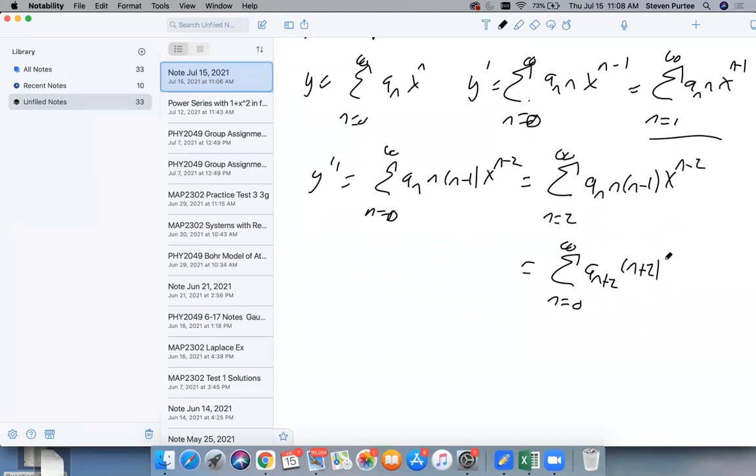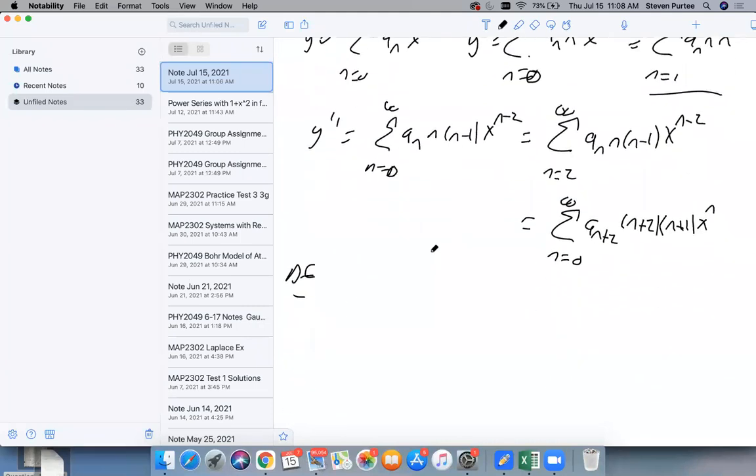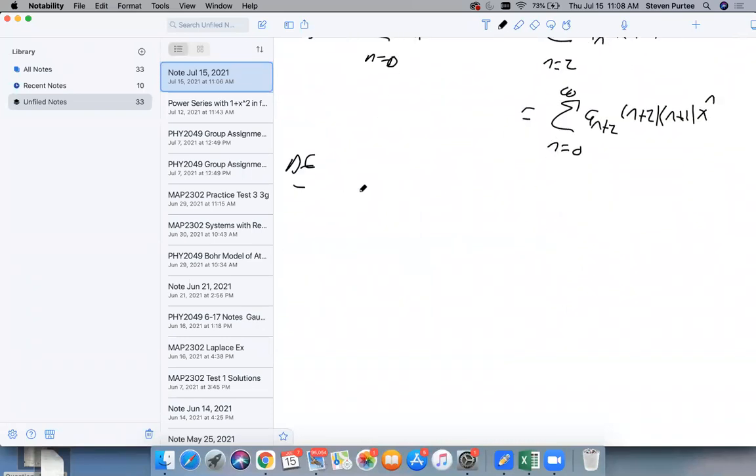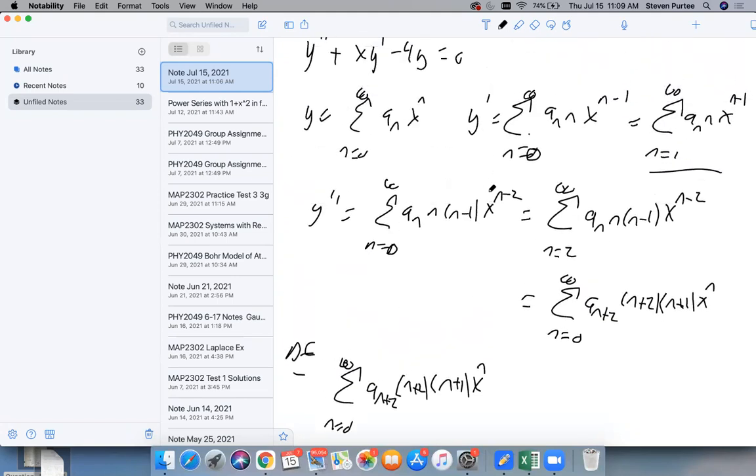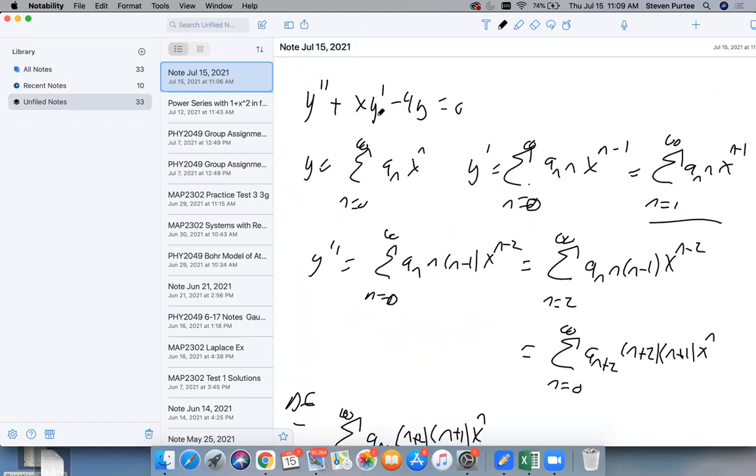n minus 1 plus 2 would be n plus 1, and then I'll have an x to the n here. So then my DE will become y double prime, so that thing I just wrote, starting at 0, plus x times y prime.